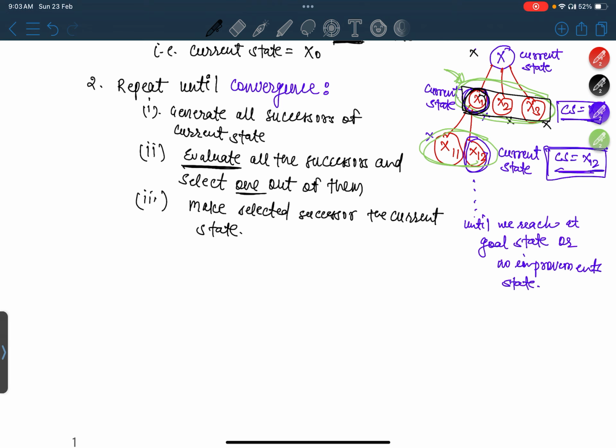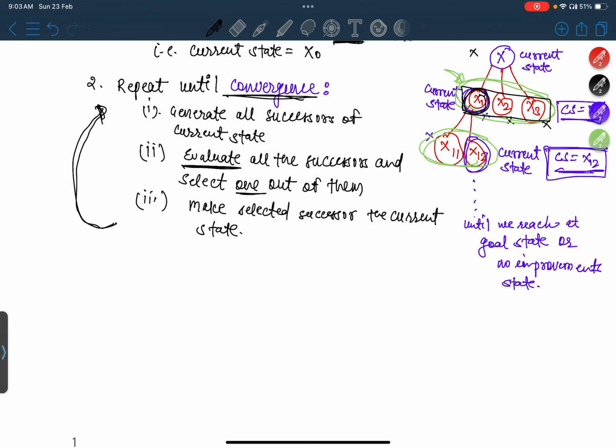So that's all we need to do. Now what will happen? Again we'll go on to this. We'll again generate the successors, again evaluate them, choose one out of them and make that the current state. We'll keep repeating this until we find the convergence or we find our solution.